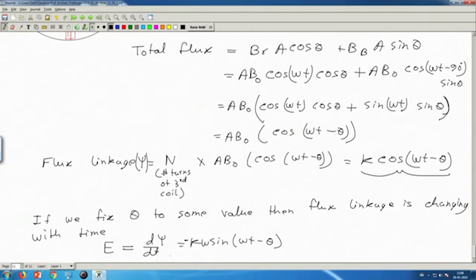Okay, and if we keep theta constant, we see E is changing with time.